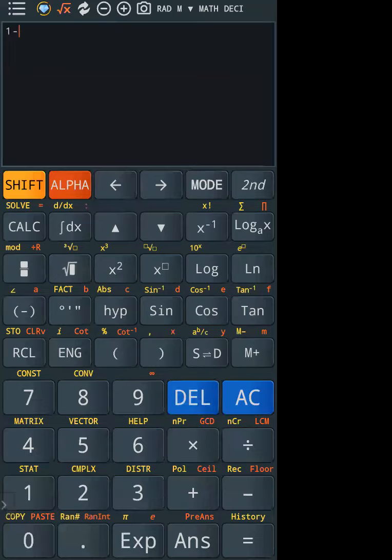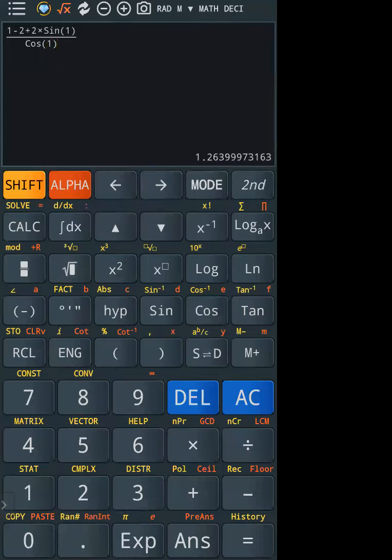1 minus 2 plus 2 sin of 1. I need to calculate C2, so it is equal to 1 minus 2 plus 2 sin of 1 divided by cos of 1.